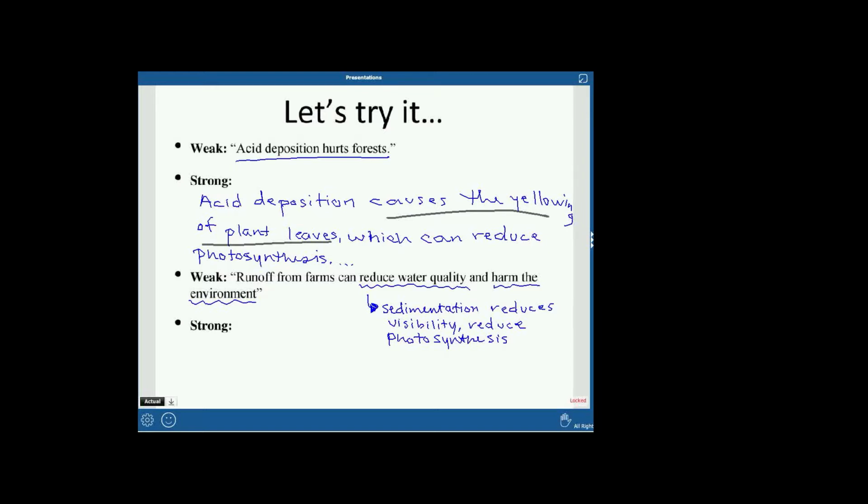If your runoff is like nitrogen or phosphorus, it can cause algal blooms, which can result in eutrophication.